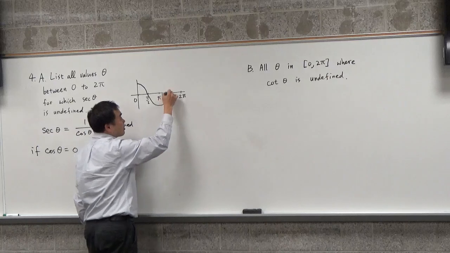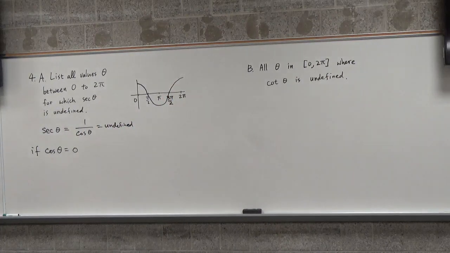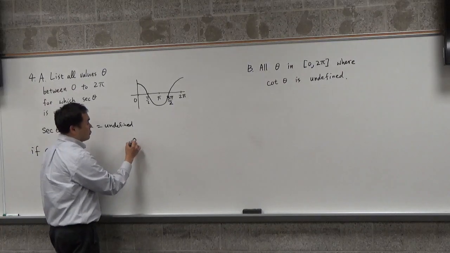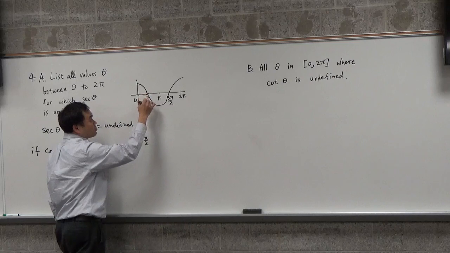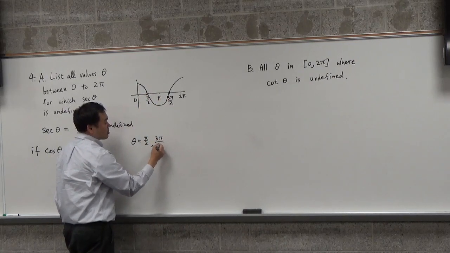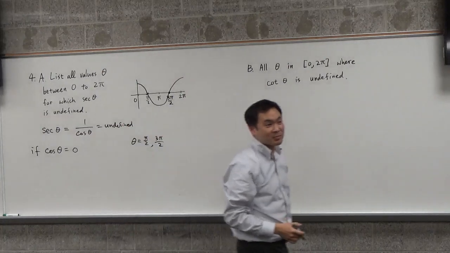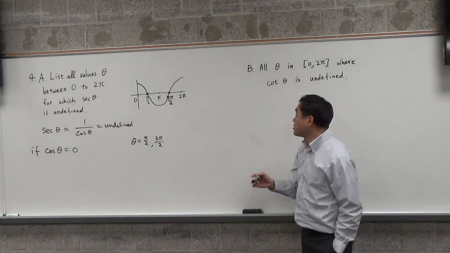This is the cosine graph. We drew it several times, right? Now, when does it hit 0? At pi over 2, the value of the cosine becomes 0, and at 3 pi over 2, the value of the cosine becomes 0. So done. Pretty straightforward, right?